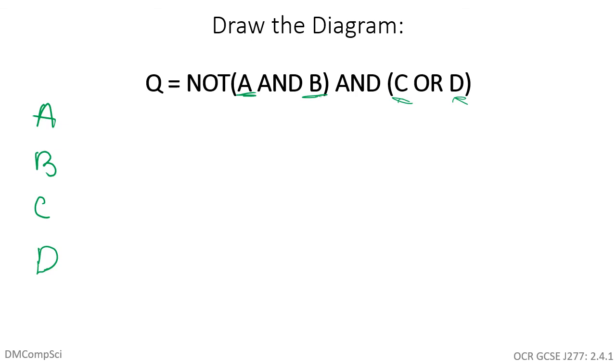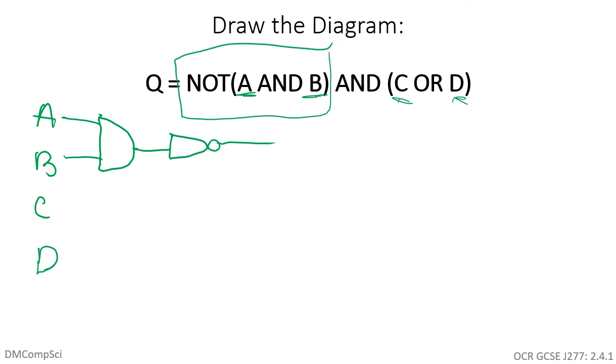Therefore, the output of this A AND B will then be run through a NOT gate to invert the output. So, we take our inputs A and B, we pop them into an AND gate. Then, immediately coming from there, we pop them through a NOT gate. So that's this half of the expression done.